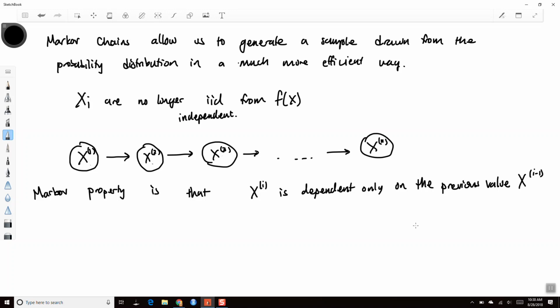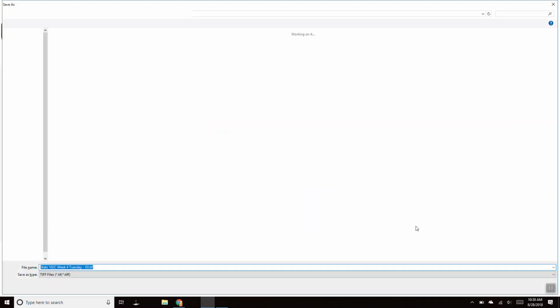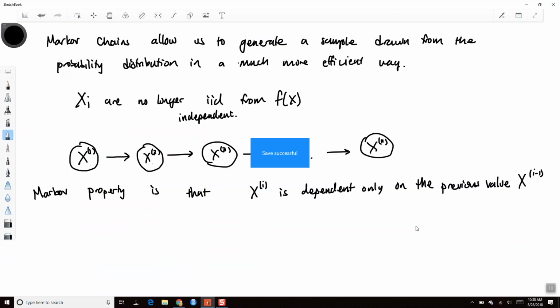Okay. And we'll start off with some basic examples, but the idea is we want to set up a Markov chain so that when we keep drawing values from the Markov chain, the resulting values will be reflective of the distribution that's of interest to us, okay?